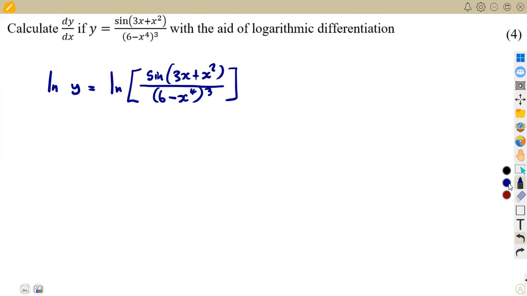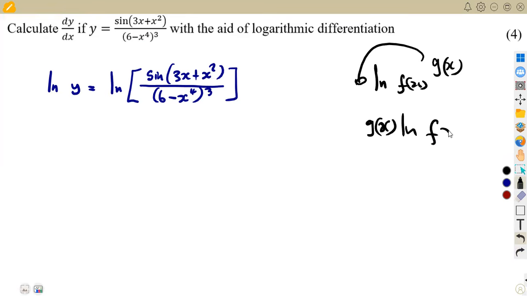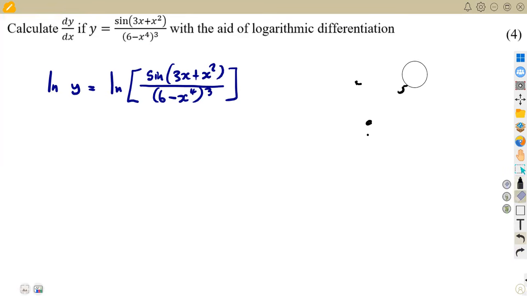We have introduced a ln, but this time it's different from that condition where you are given ln f of x raised to the exponent of gx, where you ended up dropping the exponent of gx, remaining with the ln f of x. This time, if you check these two that we are having in the ln, they are dividing. And we are supposed to get back to our laws of logarithms.